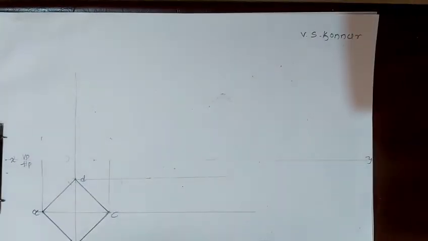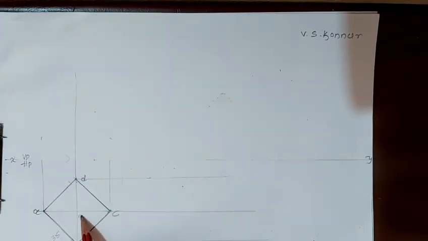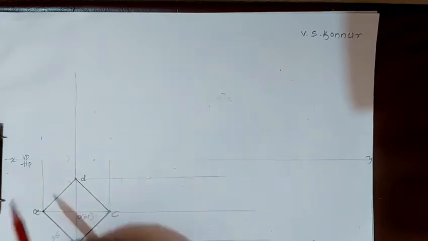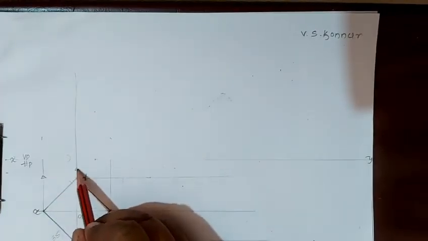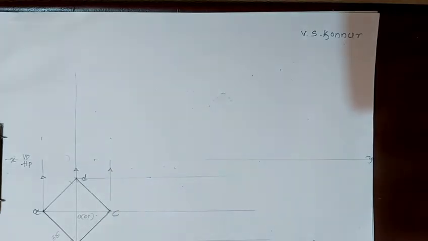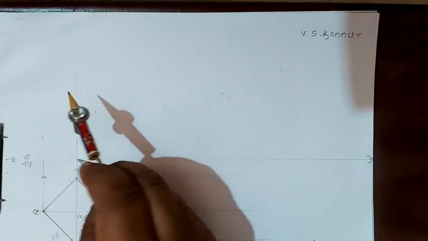Now, the 35 mm side pyramid is resting on one of its corners, and this is O, O1, having a height of 60 mm. First we will draw this first position. We'll take a height of 60 mm, and keeping it at this point, we'll cut it by the 60 height.